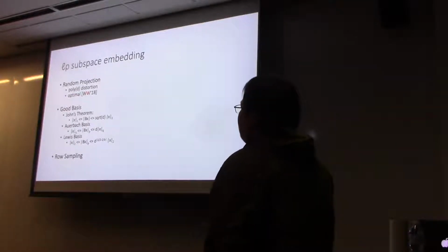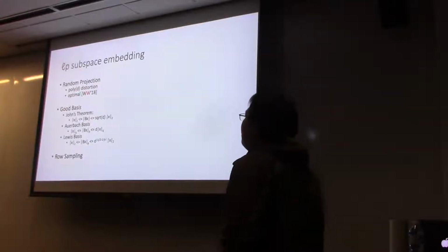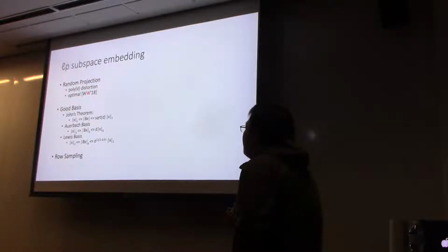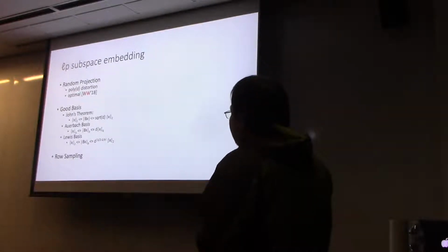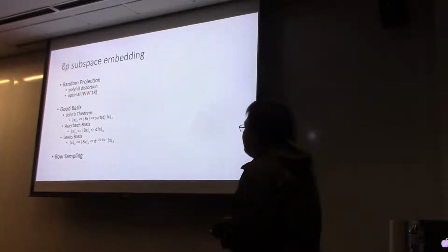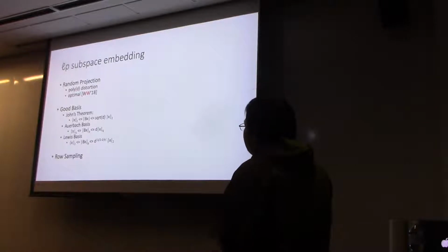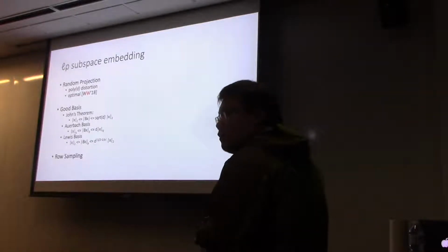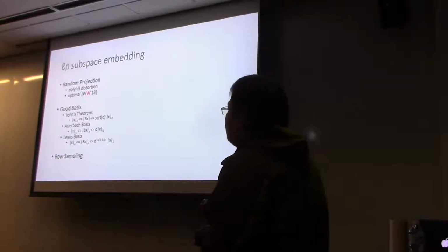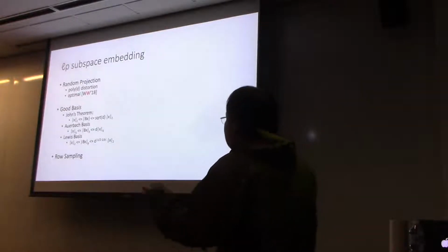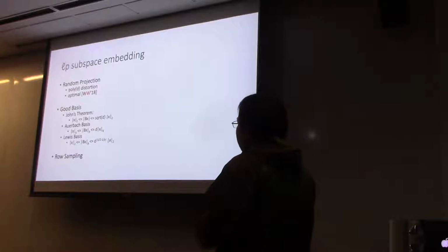The first one is based on John's theorem, John's ellipsoid. We can show that for any matrix A, you can find another basis matrix B such that the Lp norm of Bx can be approximated by the L2 norm of x with a root d distortion. Actually here we don't really need the Lp norm. This works for any norm, so it doesn't really require the Lp norm.